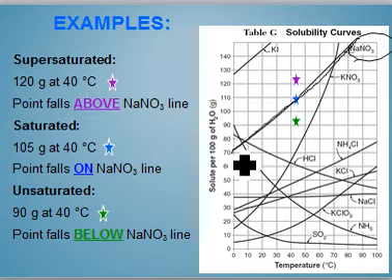This is a supersaturated solution of NaNO3. When I'm exactly on the line, so 40 degrees Celsius, 105 grams, I'm saturated. And if I had 90 grams at 40 degrees Celsius, I'd be below the line, so I would be unsaturated. Tomorrow we'll go through more practice examples of supersaturated, saturated, and unsaturated. But for now, we just want you to be able to find a point based on temperature and solubility and figure out if it's saturated, supersaturated, or unsaturated.